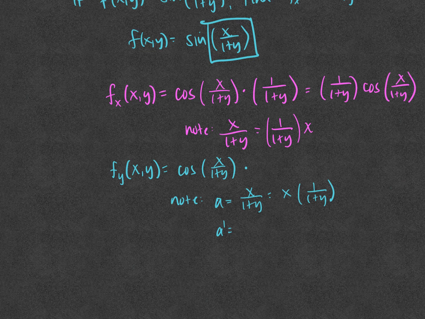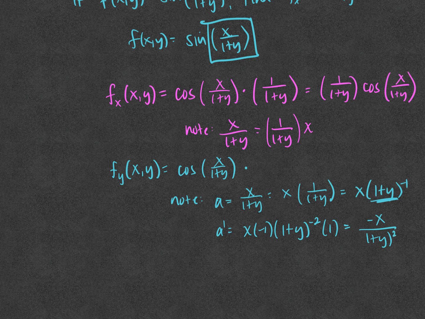Let's rewrite this to be x times 1 plus y to the minus 1. Because you could use product rule, but you're going to have a 0, so I'd rather use chain rule. So I'm going to bring down this x, and the derivative of something to the minus 1 is minus 1 times the same thing to the minus 2, and then the derivative of the inside is just 1. So this gives me negative x over 1 plus y quantity squared.